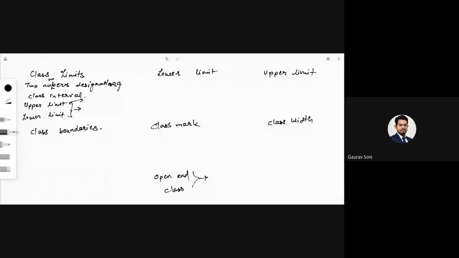The upper limit is the highest value of the class interval, and the lower limit is the lowest value.